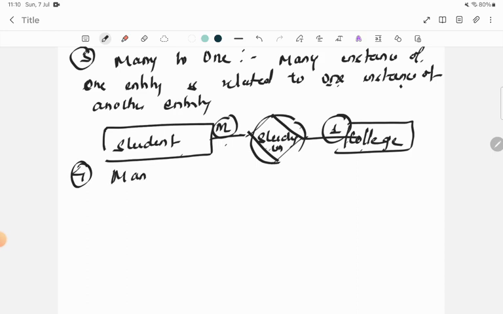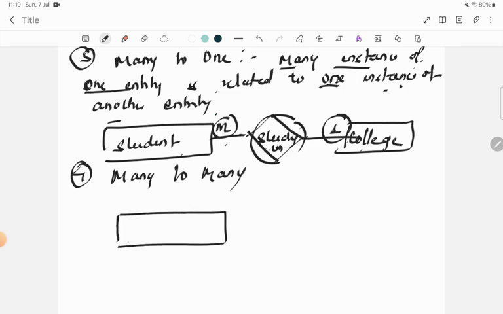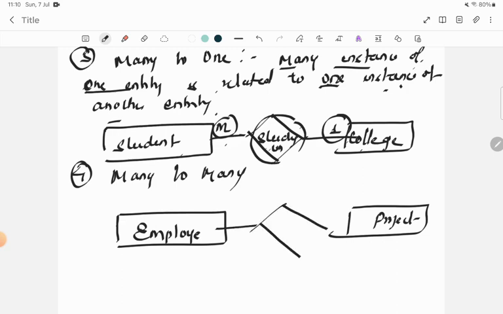Fourth cardinality is many to many. Many instances of one entity are related to many instances of another entity. For example, in a company, the entities are employee and project. What can be the relationship? Assigned.